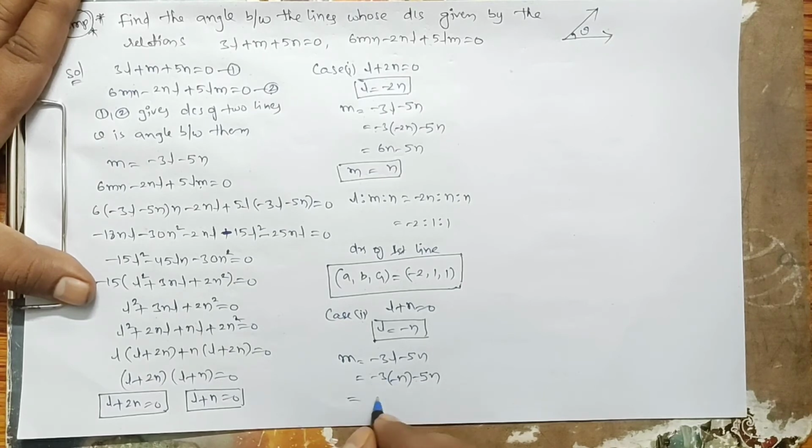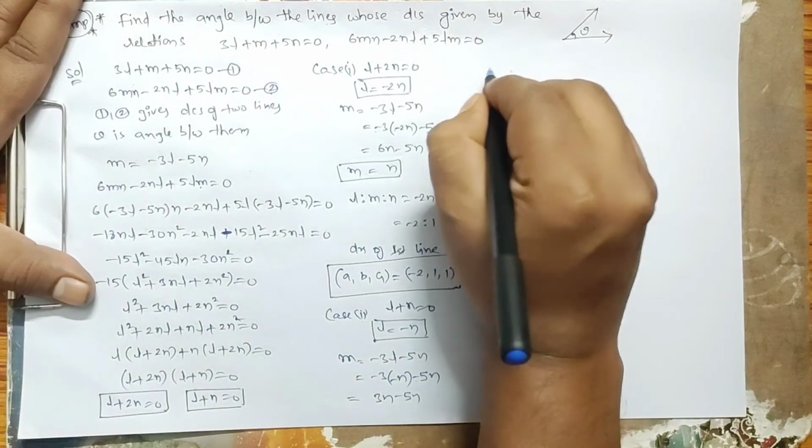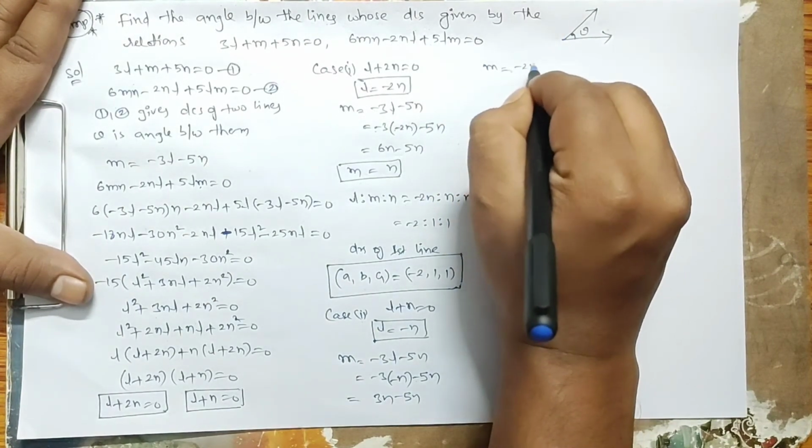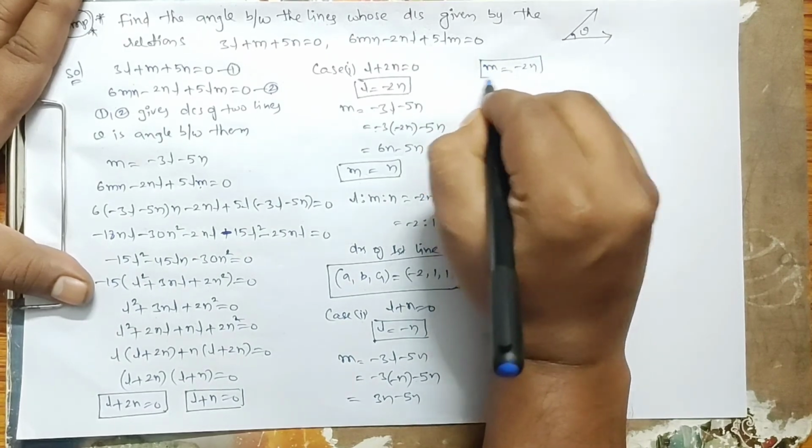Minus into minus gives plus 3n minus 5n. We get m is equal to 3n minus 5n, which is -2n. So this is the value of m.